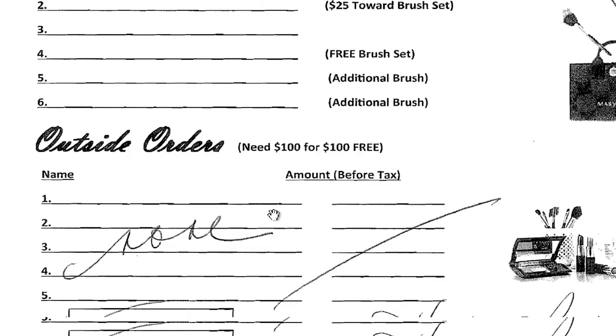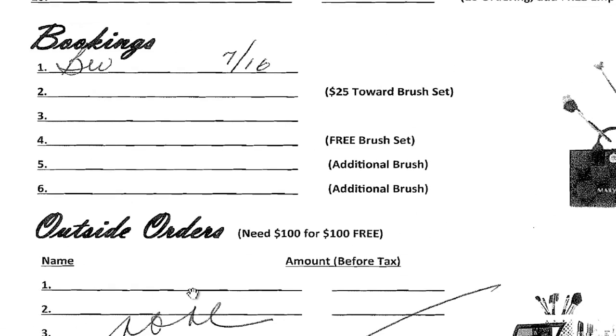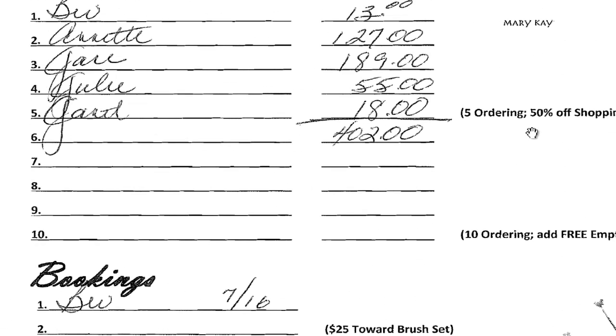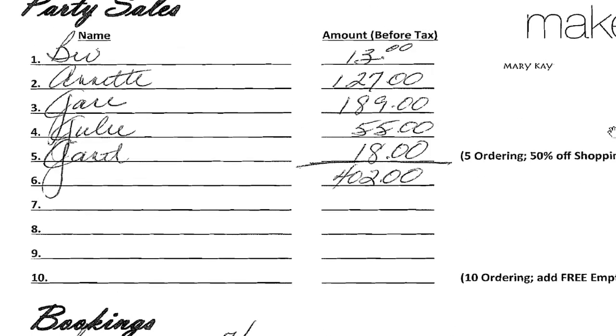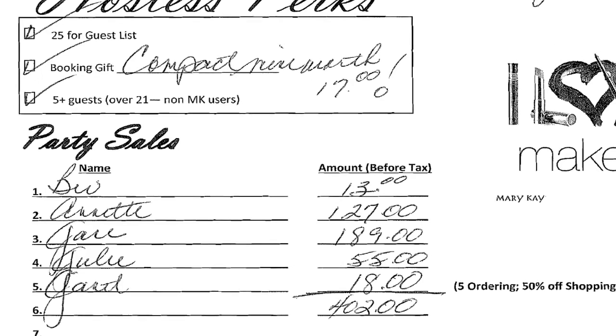So Sally's hostess program defaults to the $75 for $35, which is still a substantial amount of free product. Basically what she's getting is a $40 discount on $75 worth of products. So she's super excited about that. She still gets the 50% off shopping spree after her $75 for $35. She got the booking gift as well, and she's super excited about that.